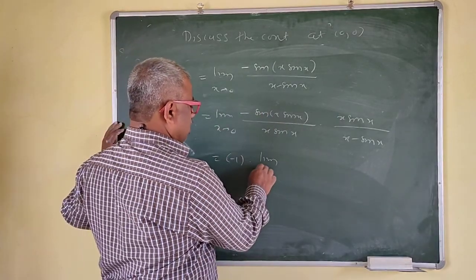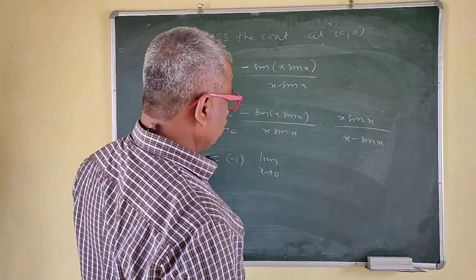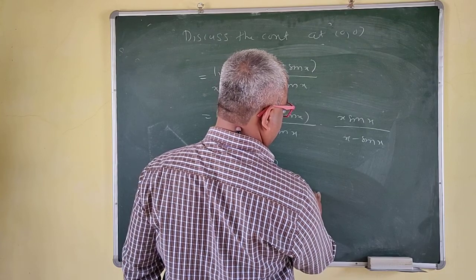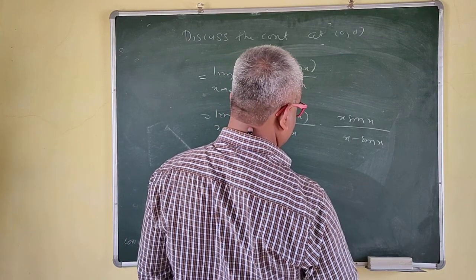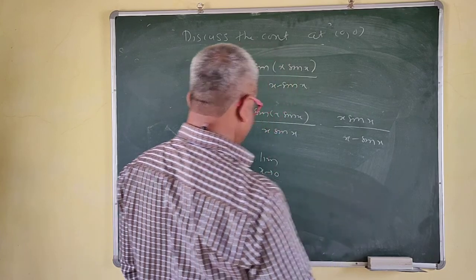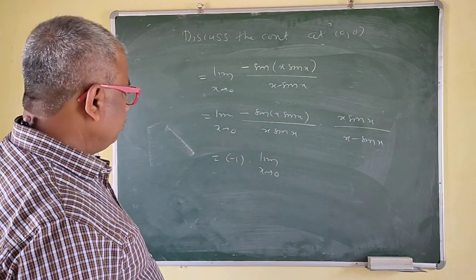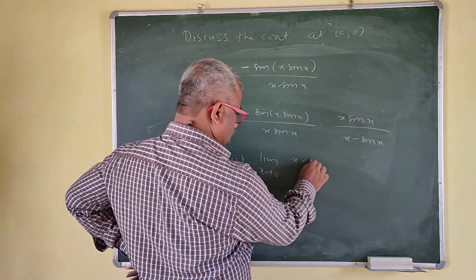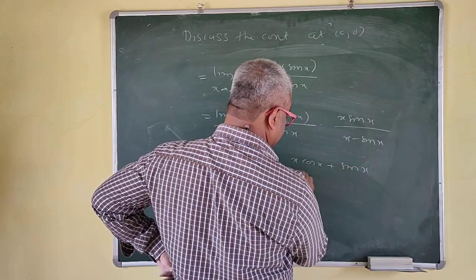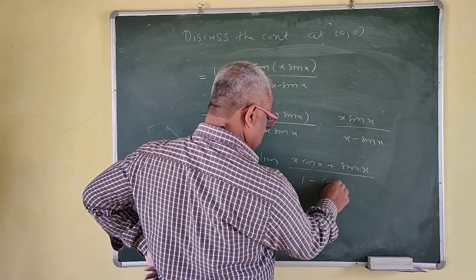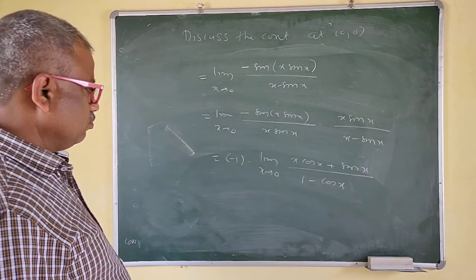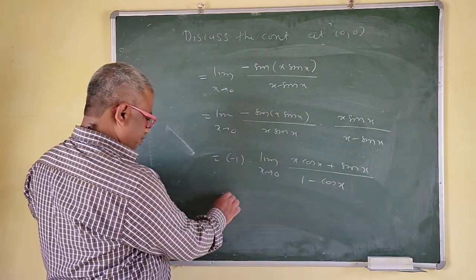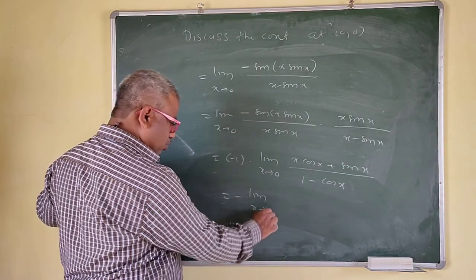So this is limit x tends to 0. So we will apply the L'Hospital rule. Then this will be x cos x plus sin x upon 1 minus cos x. Again we will apply. This is minus limit x tends to 0.